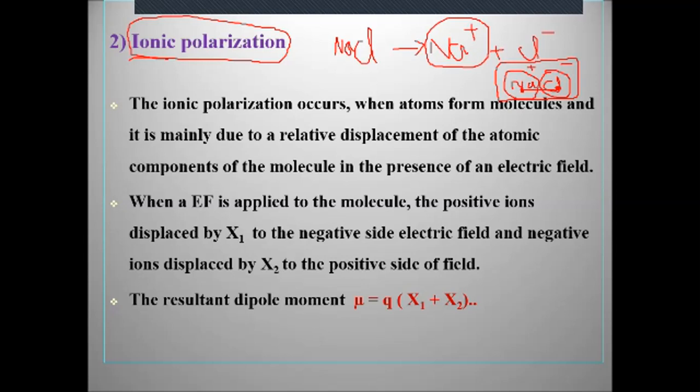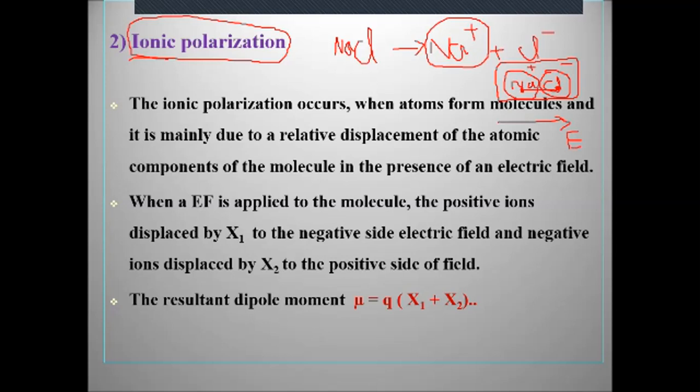Now when you apply an electric field to the ionic form of NaCl, the Na plus ions will move in the direction of the electric field, and Cl minus ions will move opposite to the electric field.